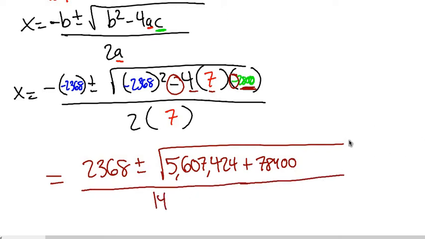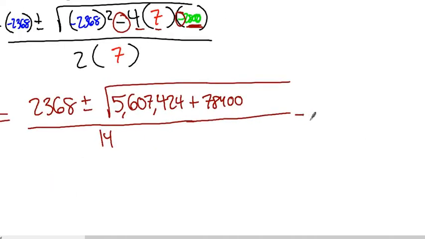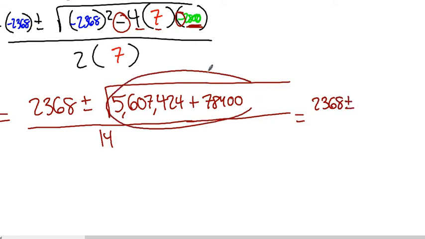Okay, so let's simplify this down a little bit. This is going to be 2368 plus or minus this whole thing. When we add that and take the square root, it rounds to approximately 2,384.5. And then we're going to divide that by 14.